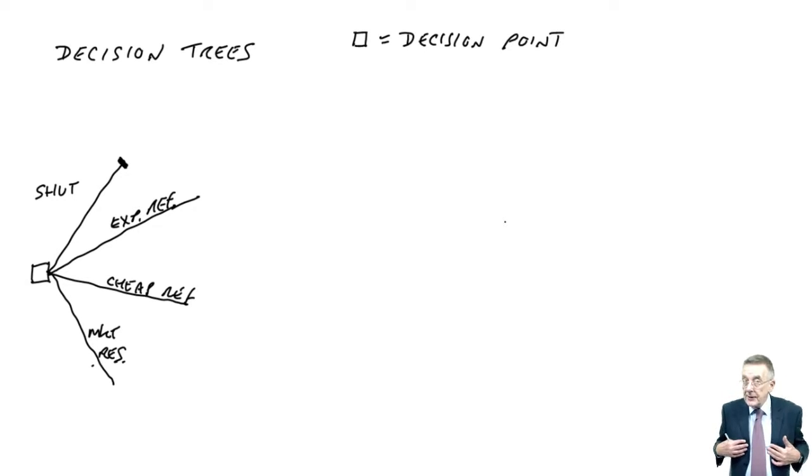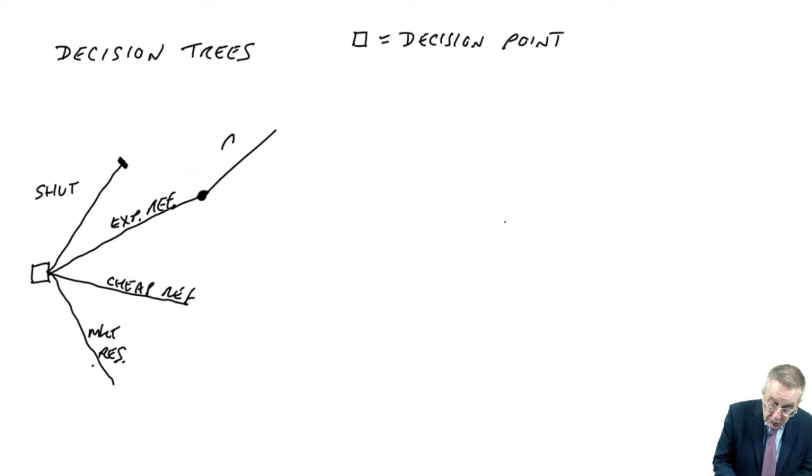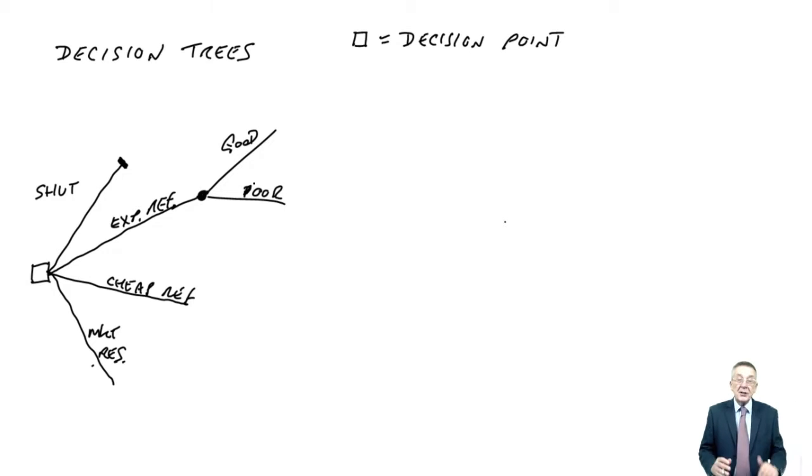Now that's not our choice, that's what's uncertain. But do expensive and either there'll be a good result or there'll be a poor result. Now again, I'll worry about the costings later, but all for the moment I'm trying to do is look at the various possible outcomes.